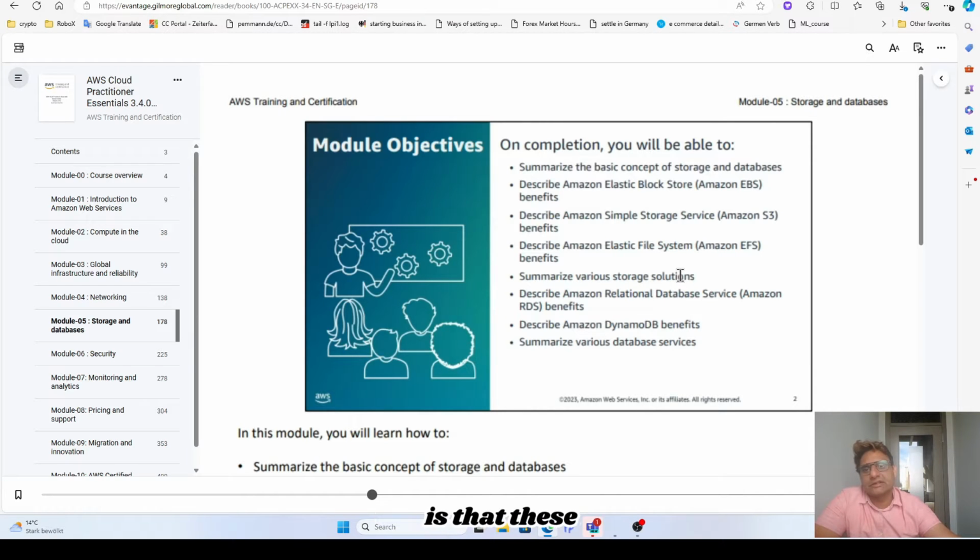The important thing is that these options were already around in the market, but the good thing about cloud providers, and AWS in general, is that they provide a managed service, so you can focus on the quality and concept itself, while a lot of the administrative tasks, patching, backing up, and migration of databases are handled for you.